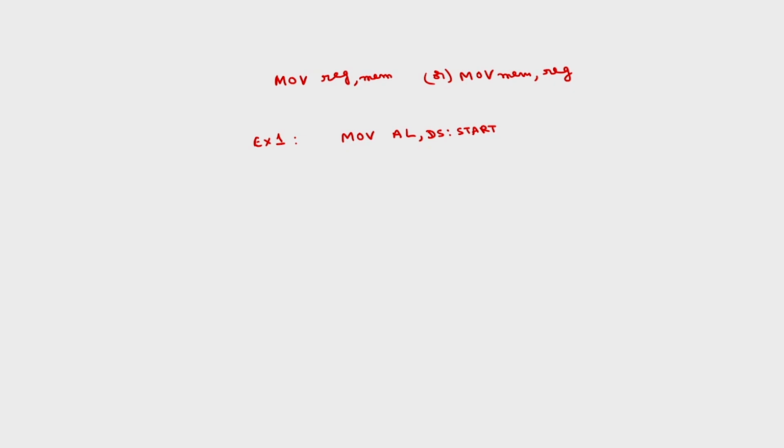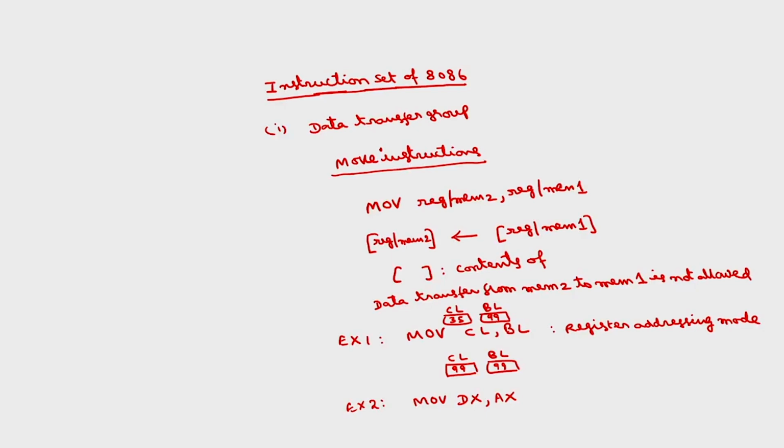Here the default segment register is DS and none of the flags will be affected. For this move instruction none of the flags will be affected, and the segment register is DS. These are two important points for the move instruction.